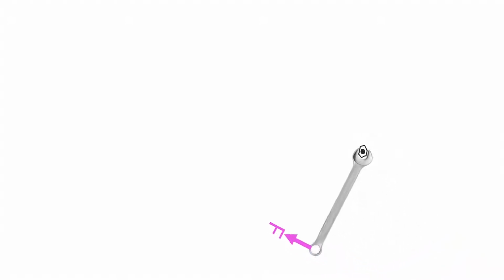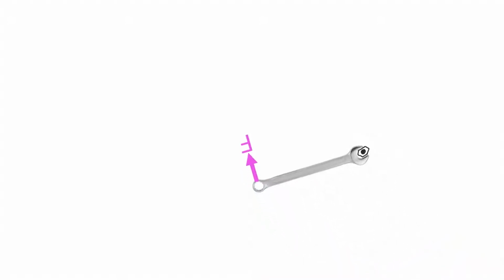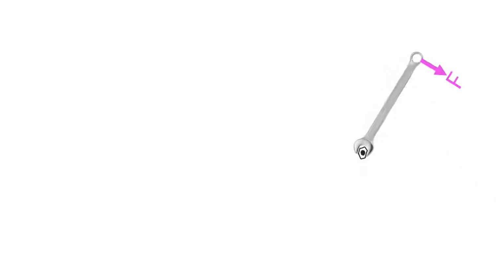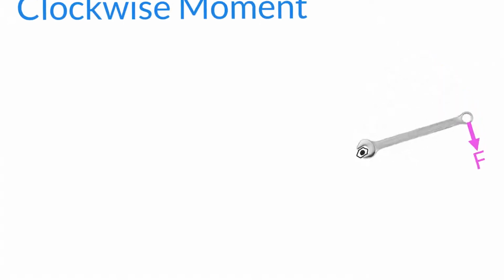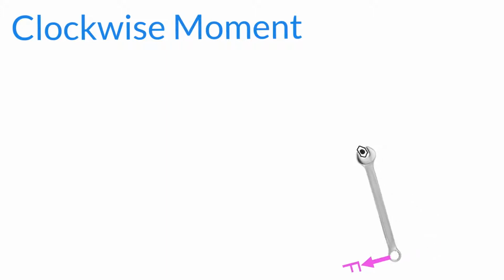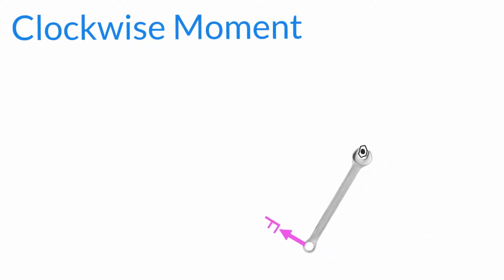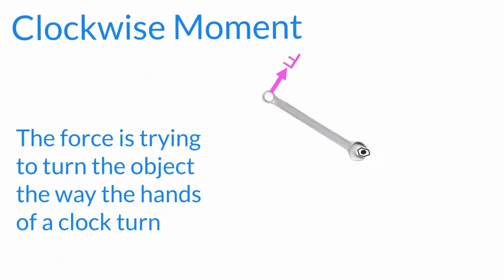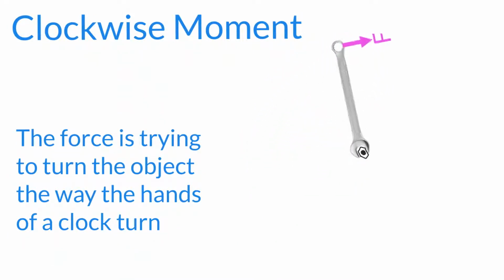Now rotations have directions. In this case, this force is causing the spanner to rotate, and it's rotating the same way the hands of a clock would move. So we call that a clockwise moment. And as I say, that's defined because the thing is trying to move the same way that the hands of a clock would turn.